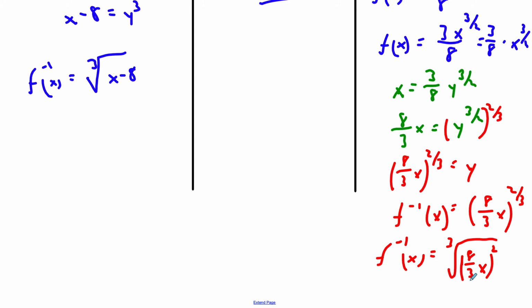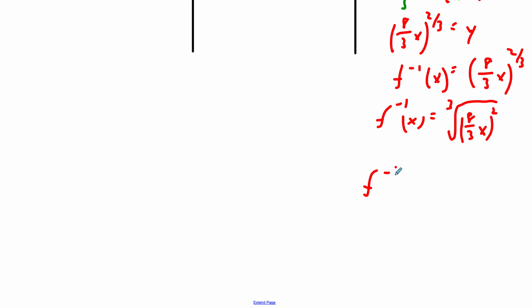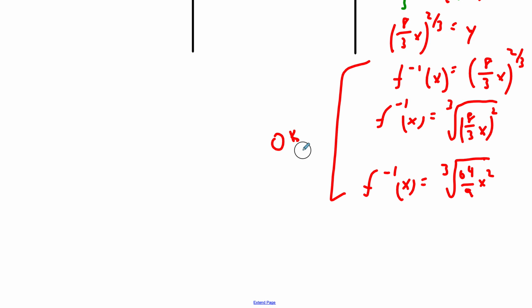Could you say that's 64/9x squared? Sure, why don't we do that? So we could also then simplify that if we wanted to. The cube root of 64/9x squared, because 8 squared, 3 squared, right? We could pull the 64 out as a 4, but let's leave it. Any one of these are okay.